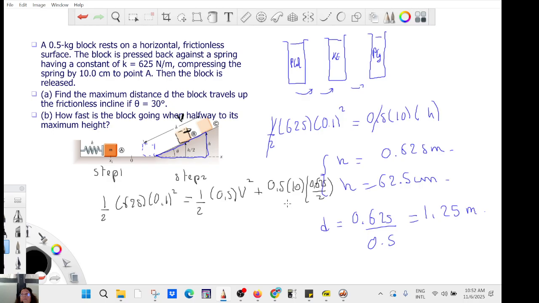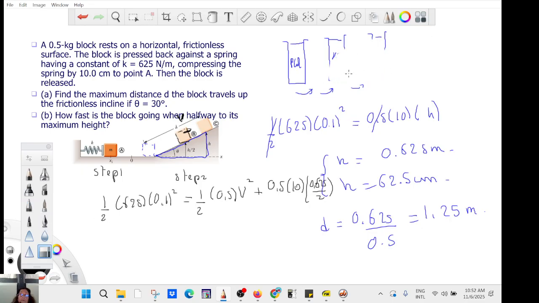Any question? It's easy, right? You go from elastic potential energy, and then on the way, it's going to be kinetic energy plus potential energy. So you start from elastic here. To begin with, you have the same reservoir because there is no friction.